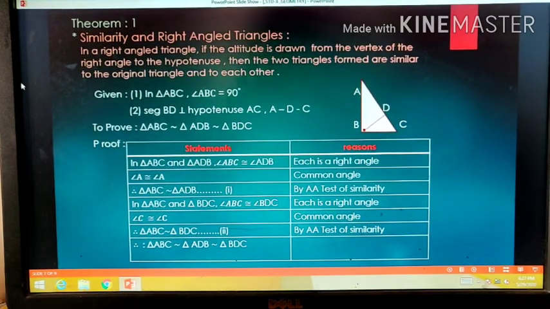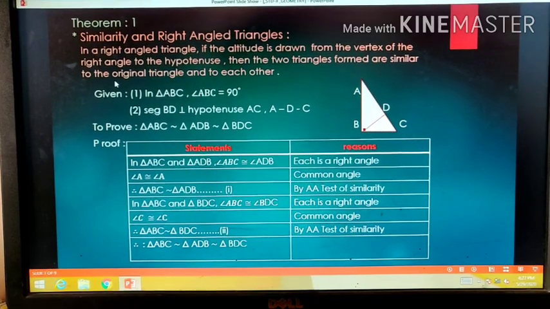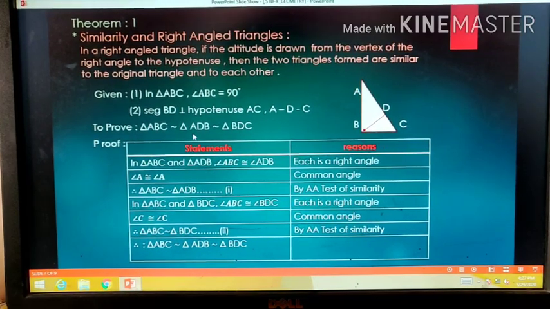Now, similarity and right angled triangle. Okay, students, you already know what similar triangles are. We know that if triangles are similar, then their corresponding angles are congruent and corresponding sides are in the same ratio.